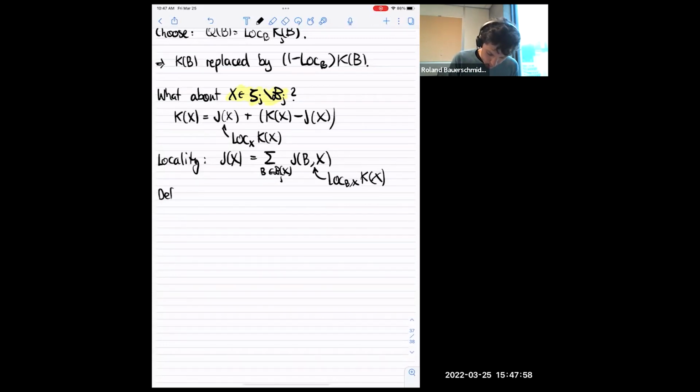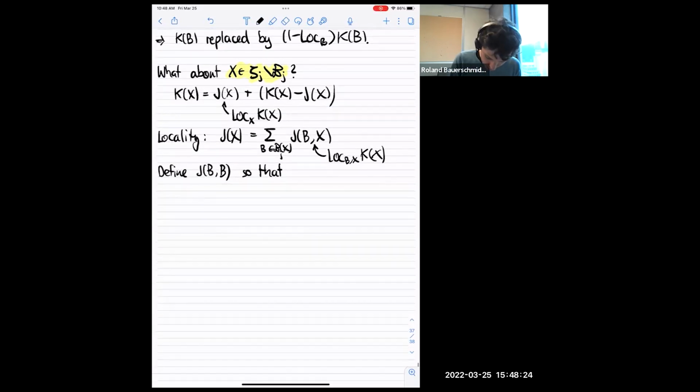And so what you can do is, these JB of X, X is not a block, so I can just define whatever I want this to be when X is a block, and I'm just going to set it to be minus, well, it doesn't matter how I define it. I'm just putting whatever I need to get the following property.